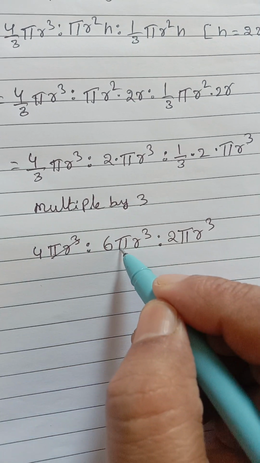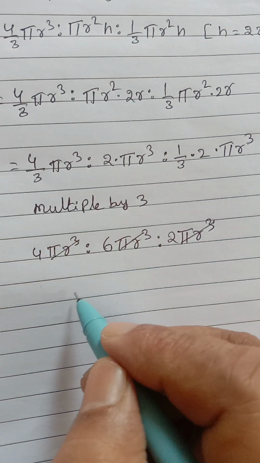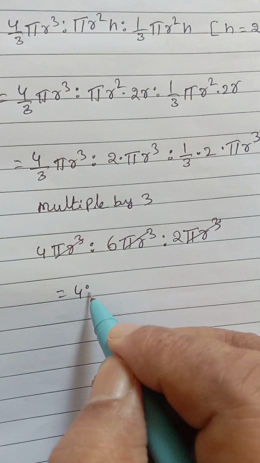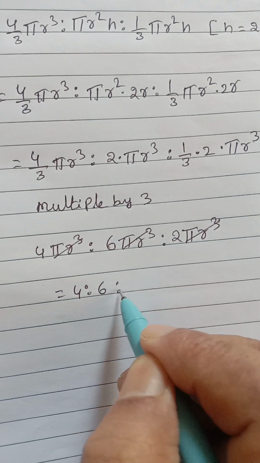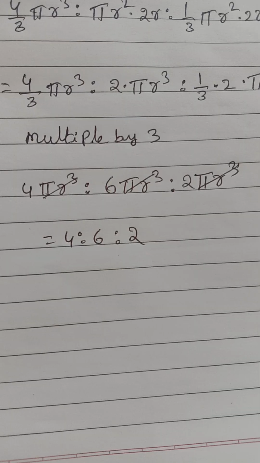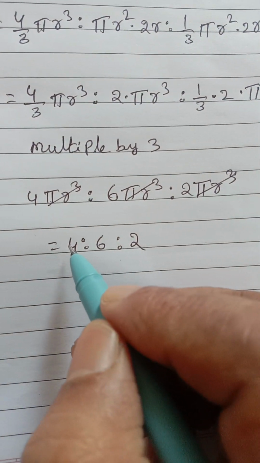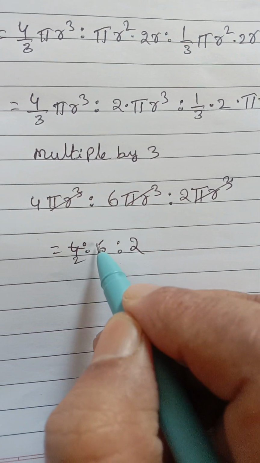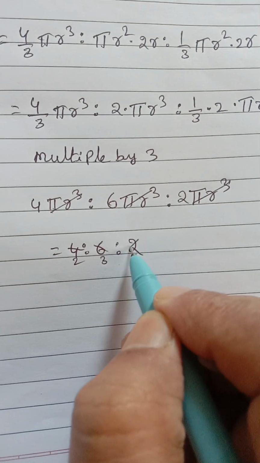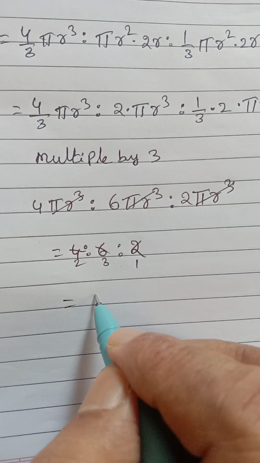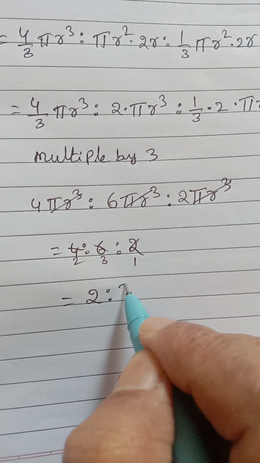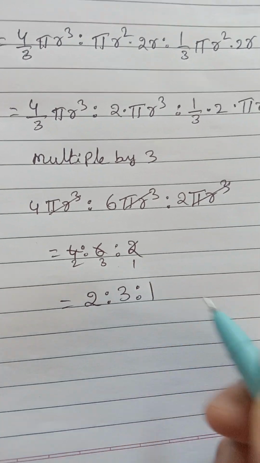Pi r cube cancels, so it is equal to 4 is to 6 is to 2. Multiple of 2: 2 twos are 4, 2 threes are 6, 2 ones are 2, so it is equal to 2 is to 3 is to 1.